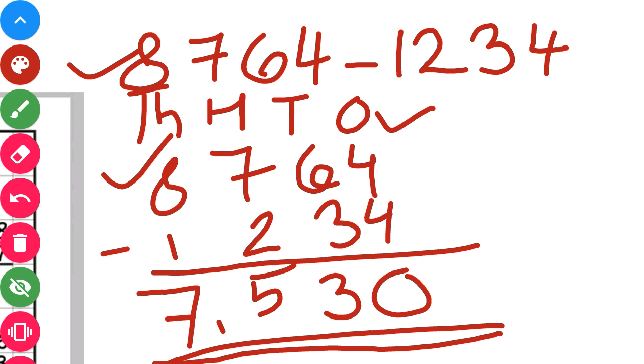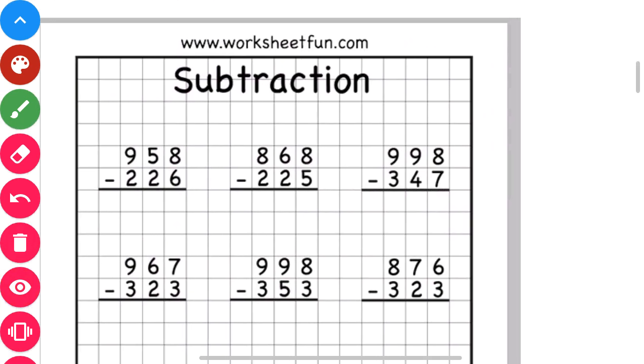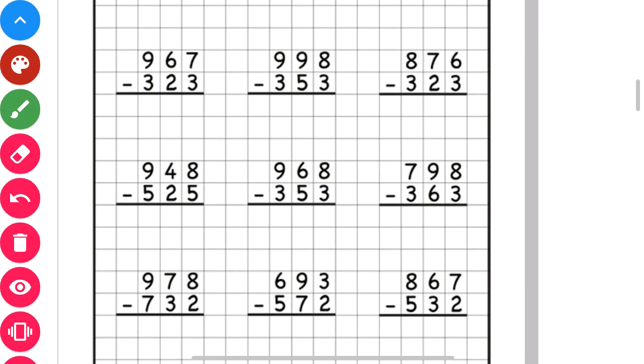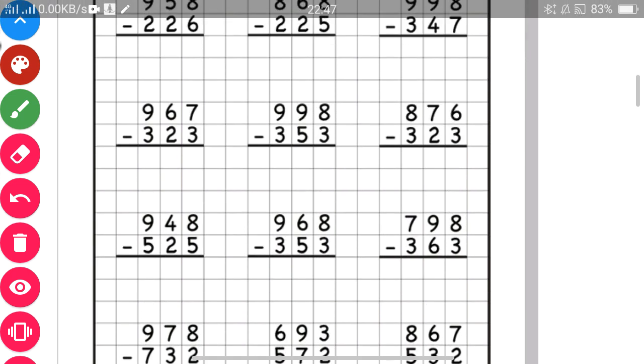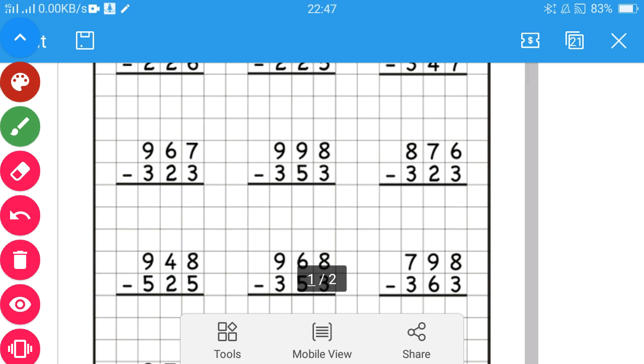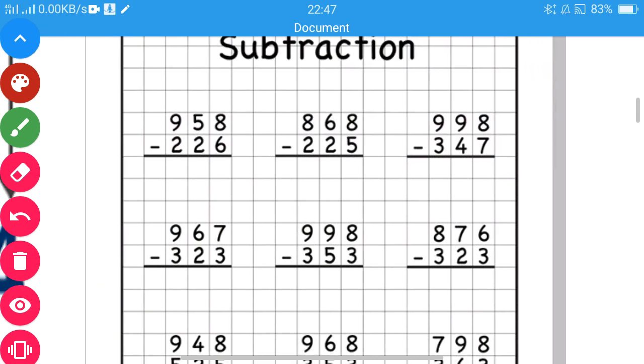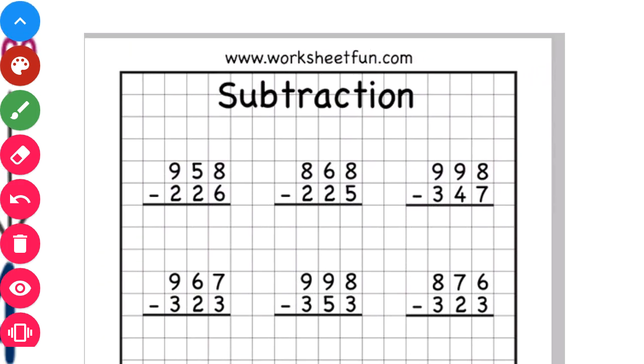Now let us do some questions. Here I have a worksheet. We will solve that.